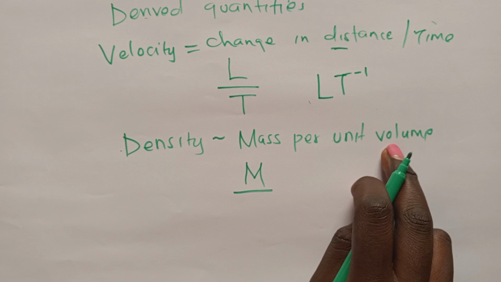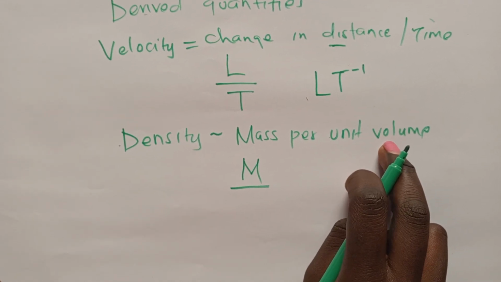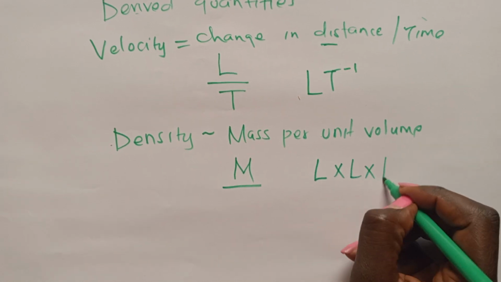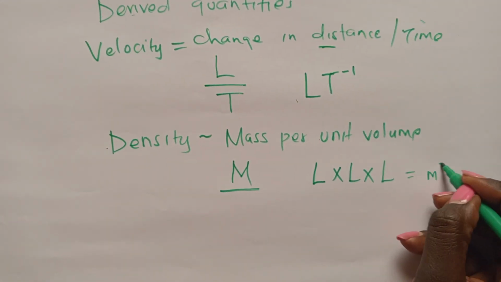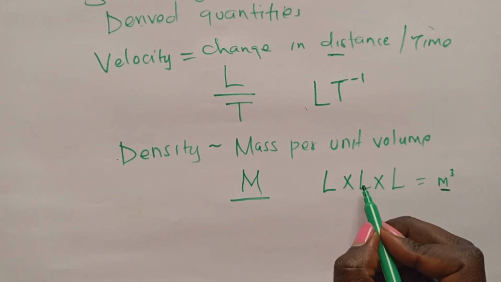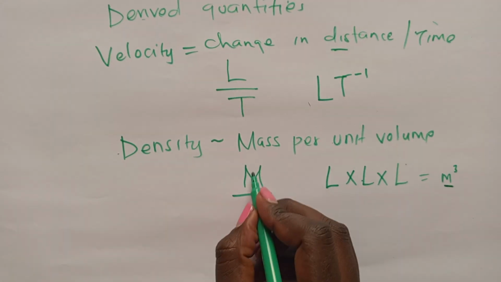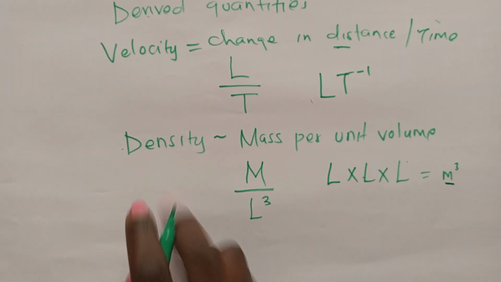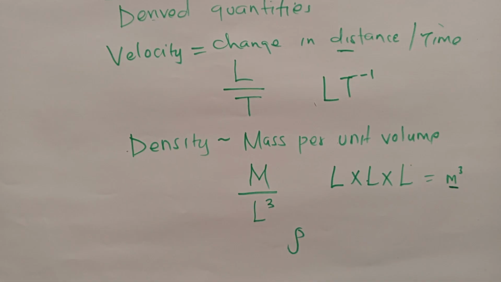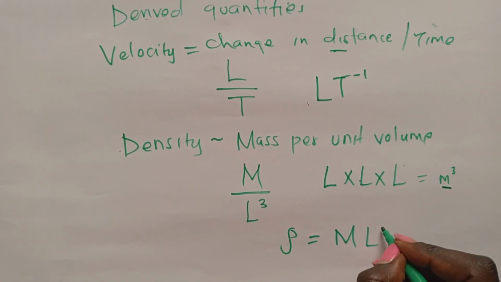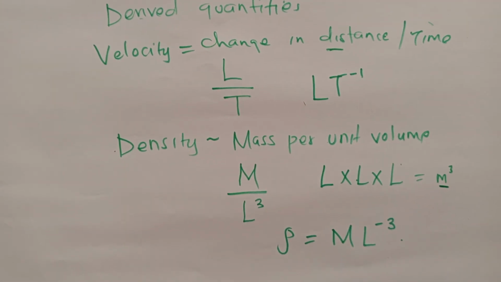Volume is a factor of length, so it's simply L times L times L. That's why we normally have it in cubic meters. So we're writing L raised to 3. So this is ML to the power 3. So how are we going to denote density? The symbol of density is denoted ML negative 3.